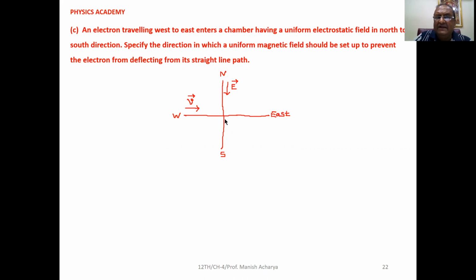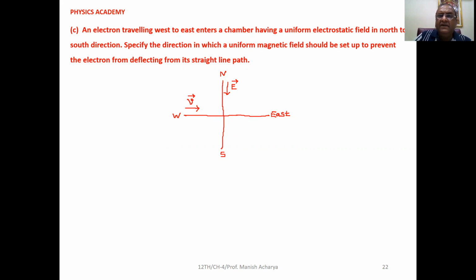It implies that the magnetic field should be applied such that the force on the electron due to the magnetic field should be in the southward direction. Okay, now your force should be southward.